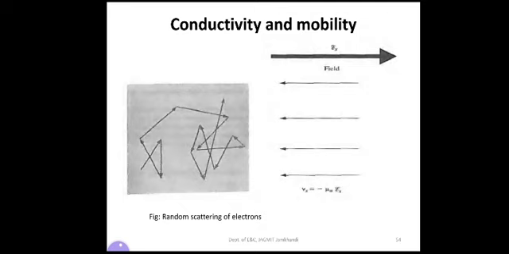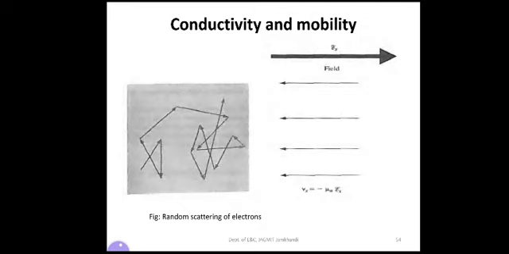The random momentum of the electrons is because of lattice vibrations, impurities, whatever doping process we use to make it either type of semiconductor, and some other electrons or defects in the lattice.